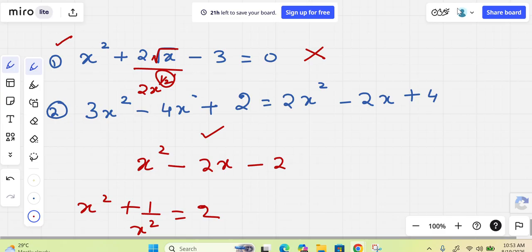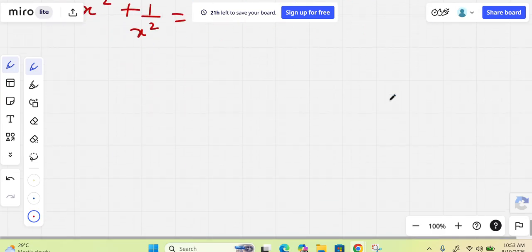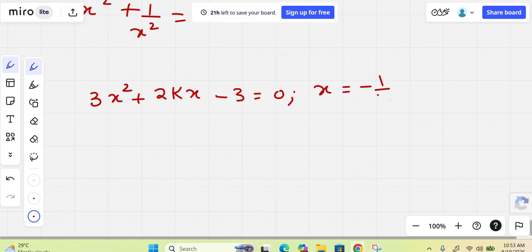Now, next one. There is another important question which comes from this chapter. You have to find the value of k. So, suppose the question is 3x square plus 2kx minus 3 equal to 0. If x is equal to minus 1 by 2, find the value of k. Can you quickly do this?